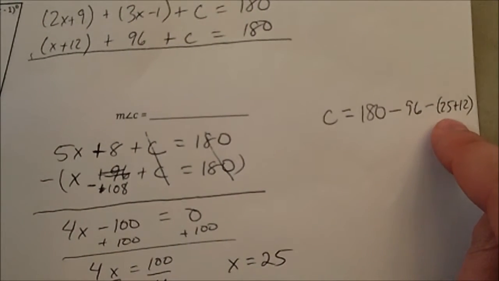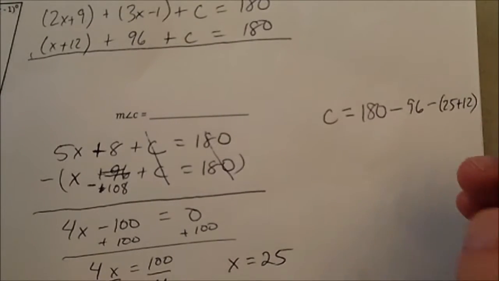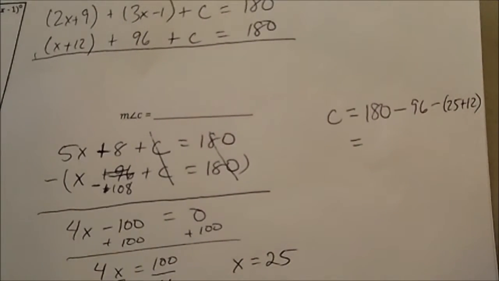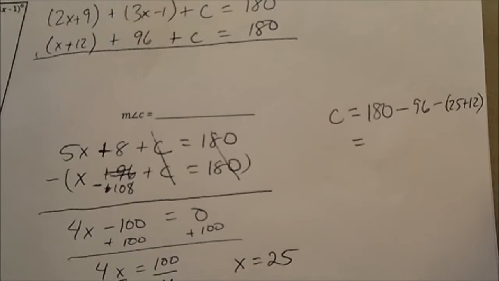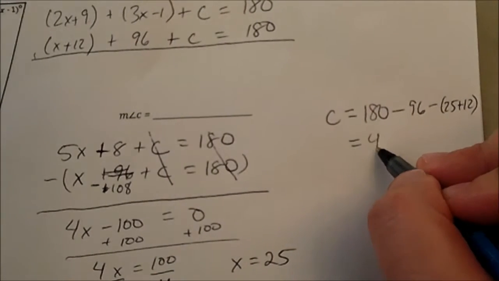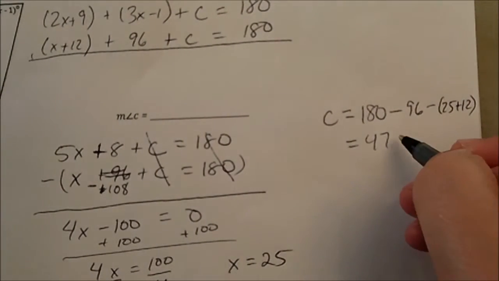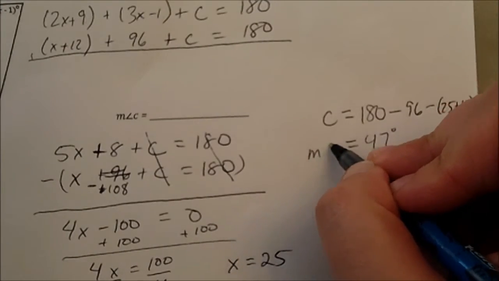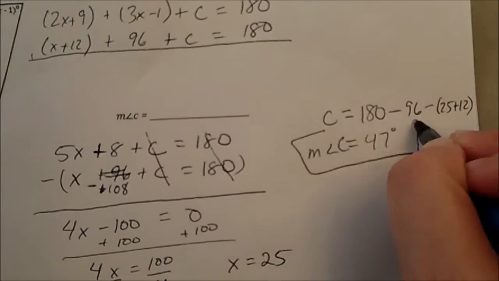So 25 being x, and then plus 12. When we put that math all together, we end up getting that c is equal to 47 degrees.